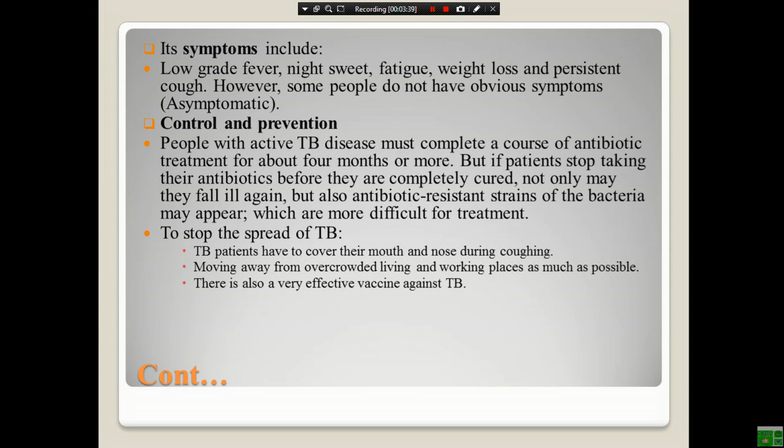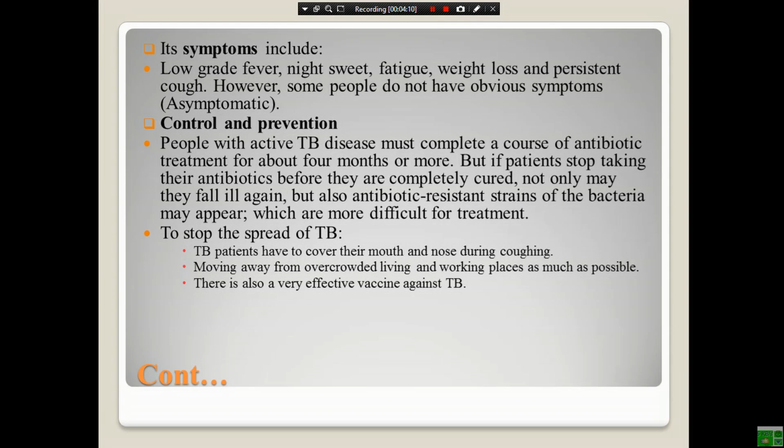Control and prevention. This bacterial disease is controlled and prevented as follows. People with active tuberculosis disease must complete a course of antibiotic treatment for about 4 months and above. But if the patient stops taking their antibiotic before they are completely cured, not only may they fall ill again, but also antibiotic resistant strains of the bacteria may appear, which are more difficult to treat.